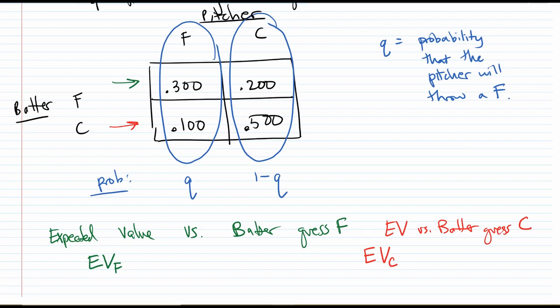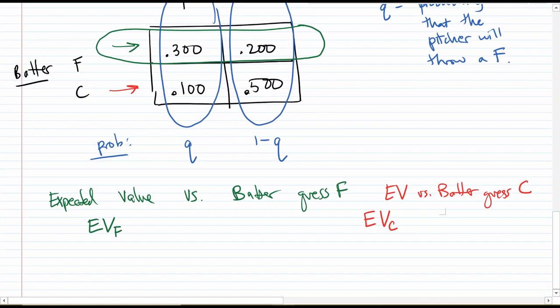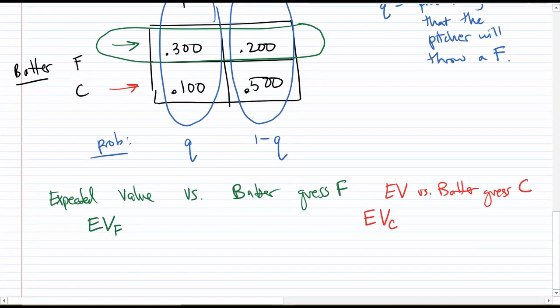Now how do I do this? Well, it's just like before, but now everything has switched from rows to columns. If the batter guesses a fastball, then we will be in this first row. And so our 2 outcomes will be 0.300 or 0.200. And the probability with which they'll occur is q and 1 minus q.